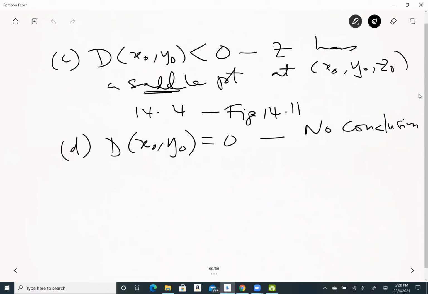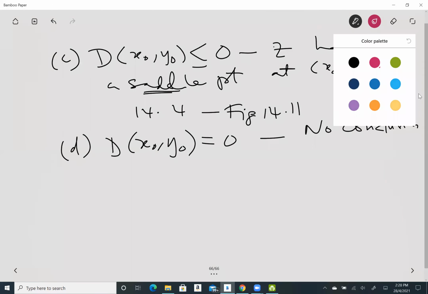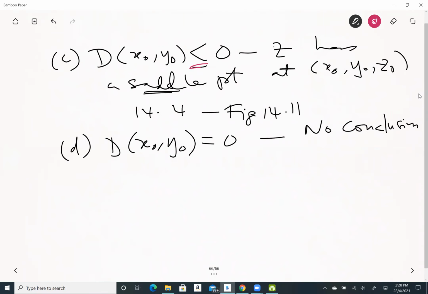So this is not that important. We just know that in this case you have a saddle point, or if D is equal to 0, we cannot conclude anything. All right? Okay, so that is the test.